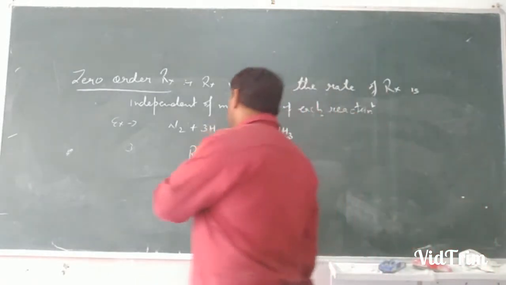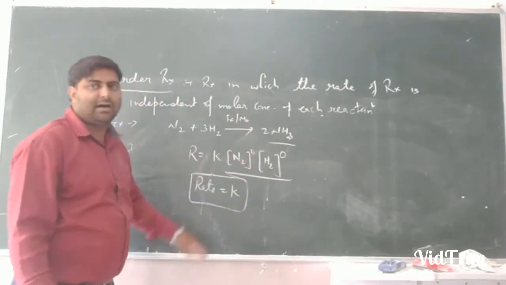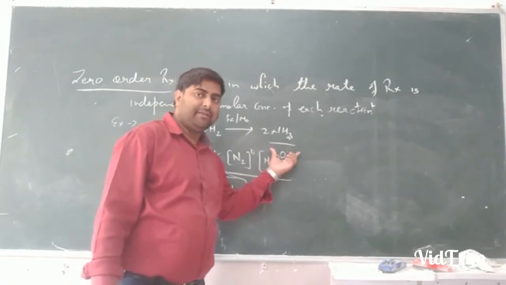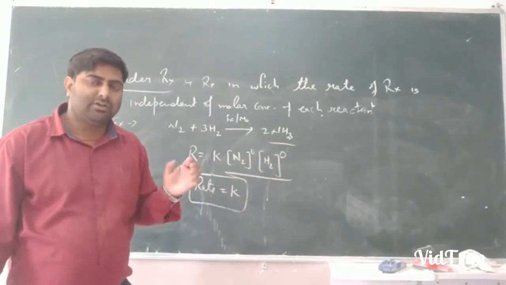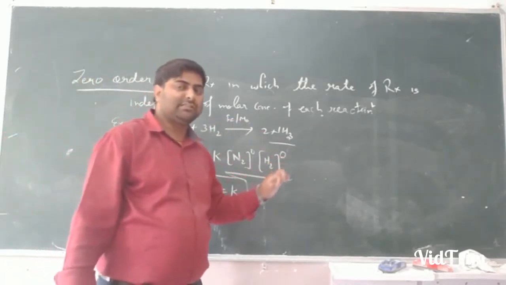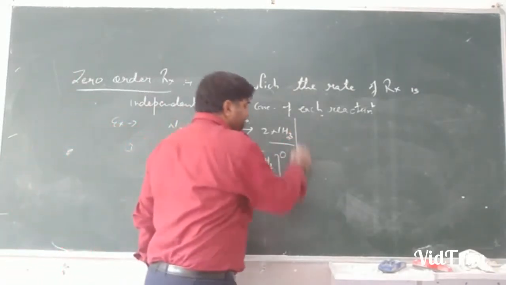If we use iron as catalyst, this is the Haber process which is used for preparation of ammonia. So experimentally, its order is 0. So zero order reactions are those in which the rate of the reaction does not depend upon the concentration of any of the reactants. Now units.